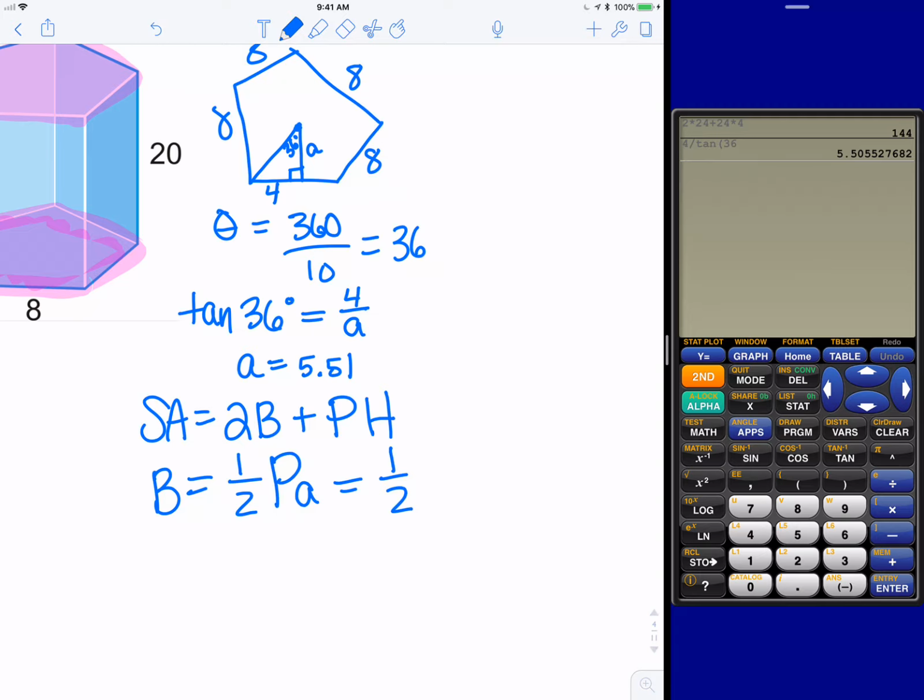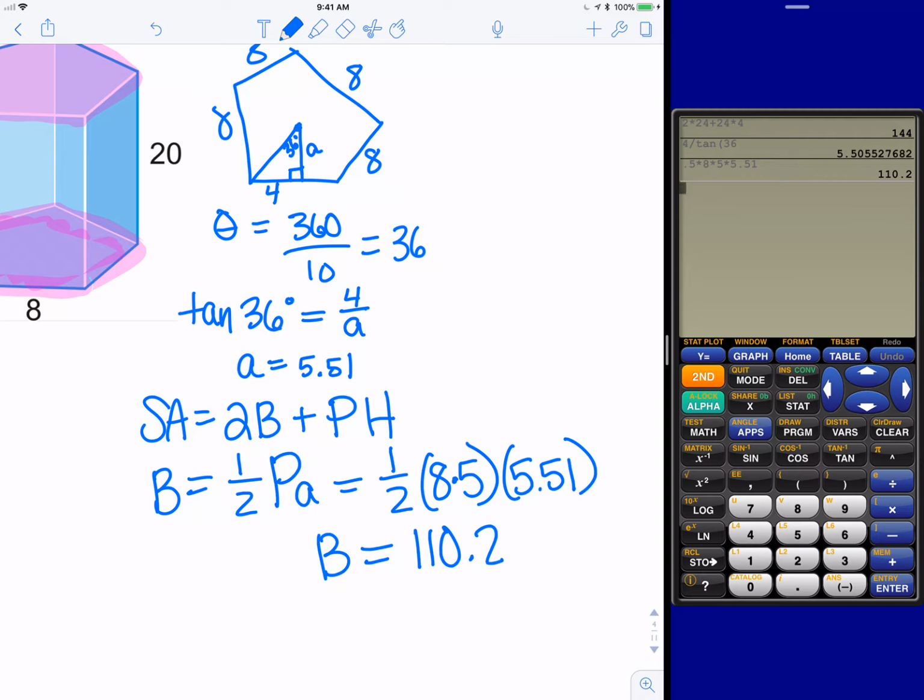So that's 1/2. The perimeter is 8 times 5. There's 5 sides to that pentagon. They're each 8. And then the apothem we found was 5.51. So 1/2 times 8 times 5 times 5.51 gives us an area of the base face of 110.2.